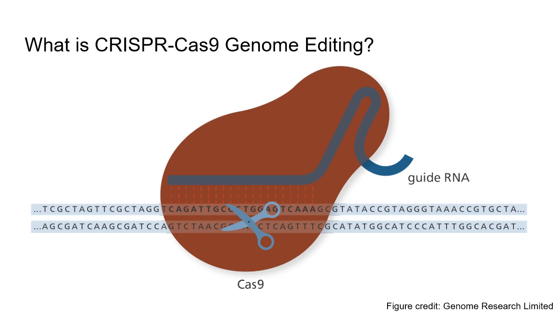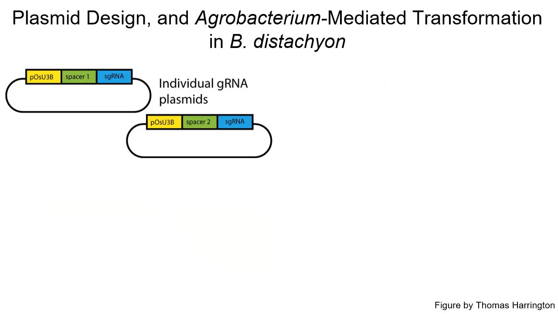Now the question becomes, how do we get this DNA into the plants to be expressed in the first place? Well, in the Bartlett lab, there's a strict protocol including plasmid design and Agrobacterium-mediated transformation for Brachypodium genome editing. First, a promoter sequence is combined with a guide RNA that includes a target sequence to bind the plant's DNA.